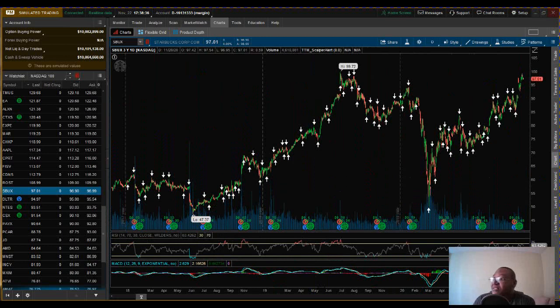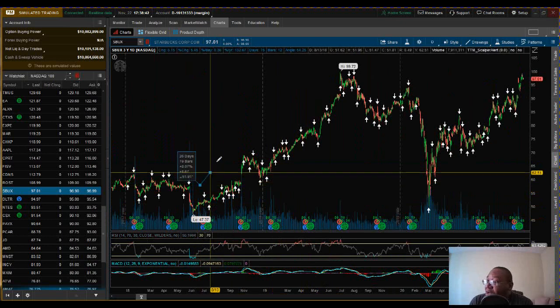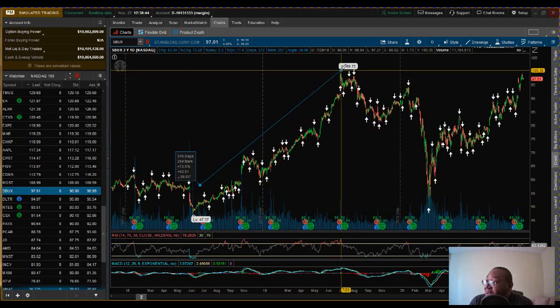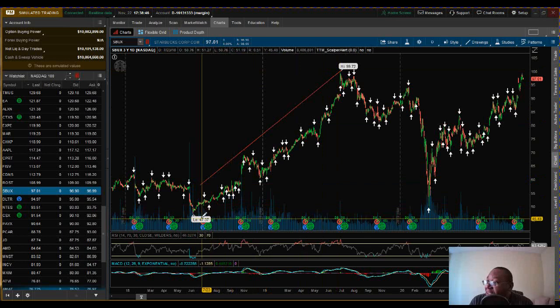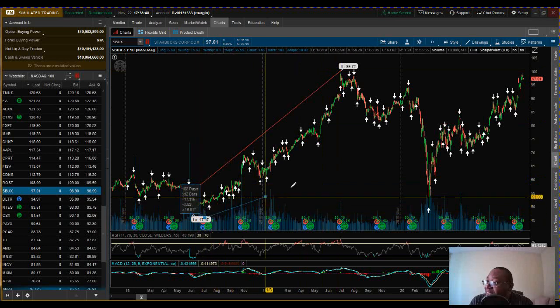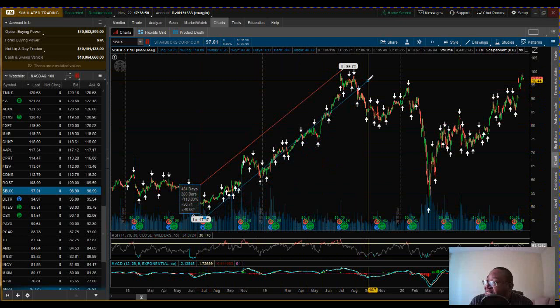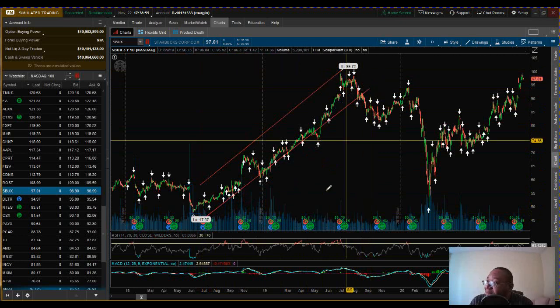Okay, so as we can see here from Starbucks, this is a strong upward trend going on right here, right? Strong upward trend. If you're investment trading, this is an investor's dream right here.